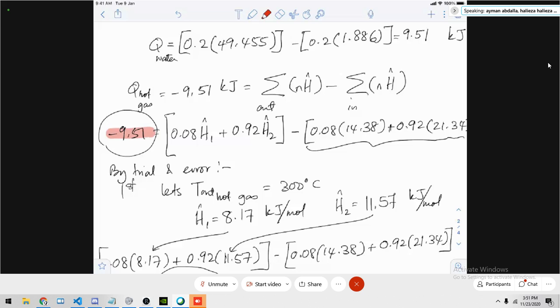Doctor? Yes. I think we won't have to do trial and error, because if we do it in the calculator and say that this equation will equal negative 9.51, is there a possible way it will show us the second temperature? I'm not sure whether you can do it directly, because when I read through the solution for this example, they did it using integration. I saw somewhere that said that the solution is by trial and error.